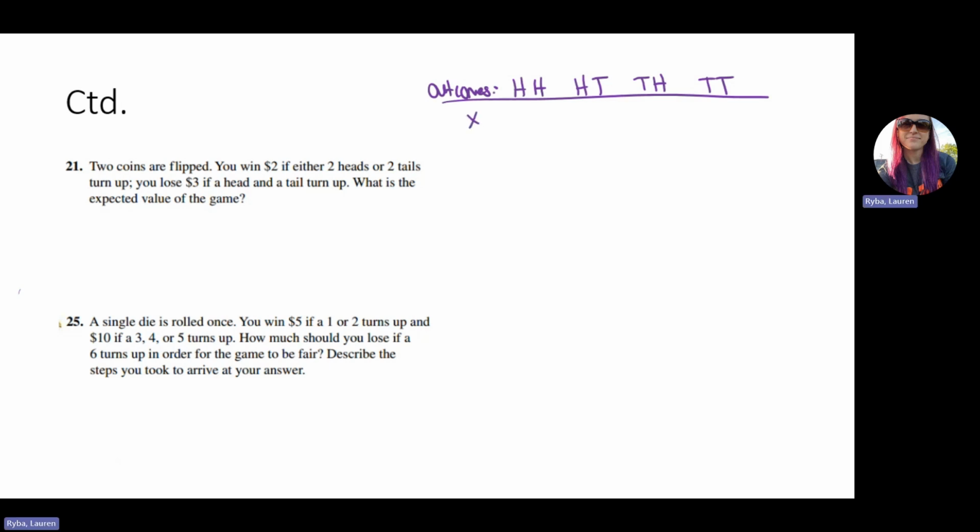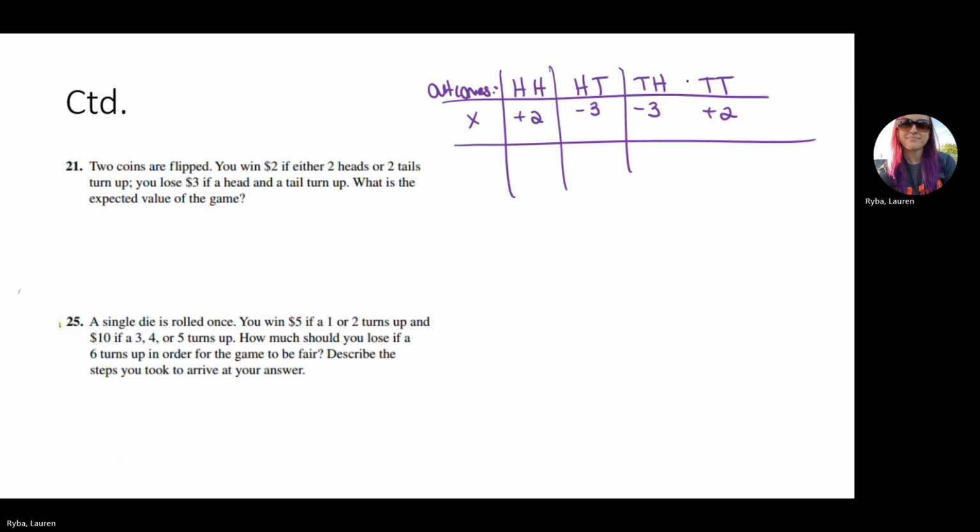Now, what happens is I go up $2 if it's two heads or two tails. So I get positive $2 for head-head, positive $2 for tail-tail. It says you're going to lose $3 if you get a head and a tail together. So -3 for head-tail, -3 for tail-head. Is flipping a coin a consistent, even probability? You have the same probability of getting a head as you do a tail.